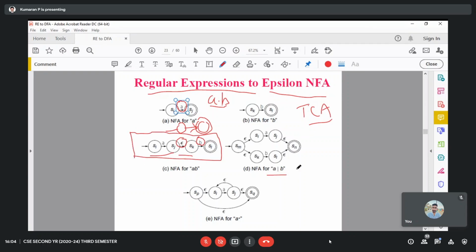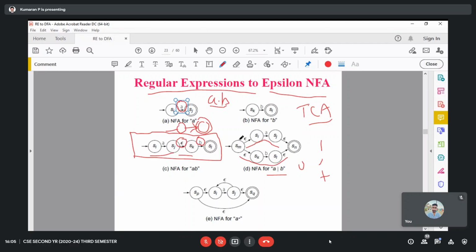Next is union. I already told you it may be a vertical bar, a comma, or a plus; all represent union only. Now, how do you represent that union? Whenever you have a union, the left hand side component takes one portion and the right hand side component the other portion. I can take left or right.